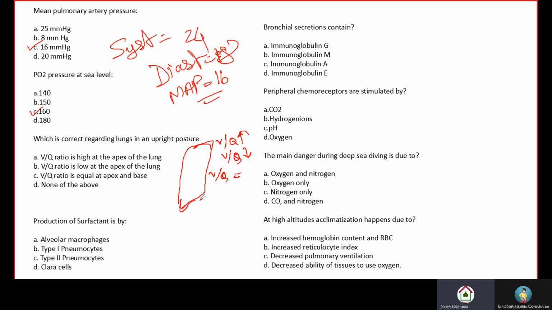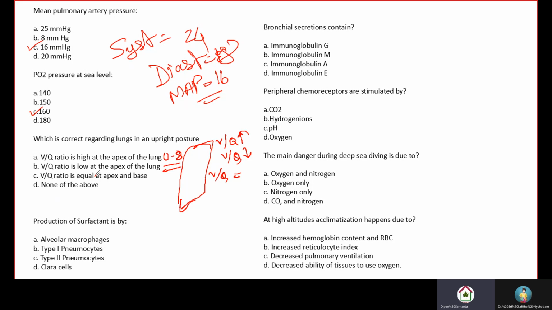This ratio of pulmonary ventilation to pulmonary blood flow for the whole lung at rest is about 0.8. And this V/Q ratio is always high in the upper portion of the lung, highest at the apex. In upright position, ventilation is high and Q is low at the apex.